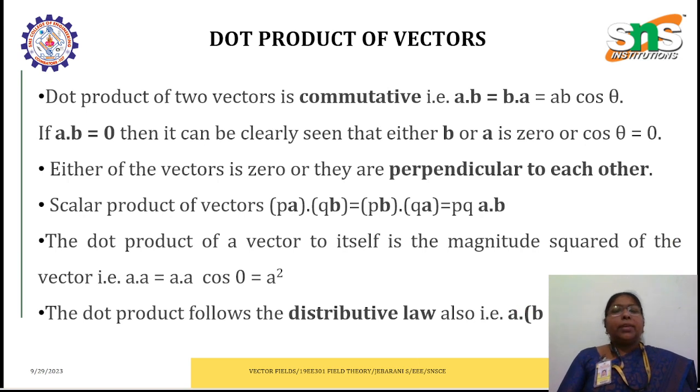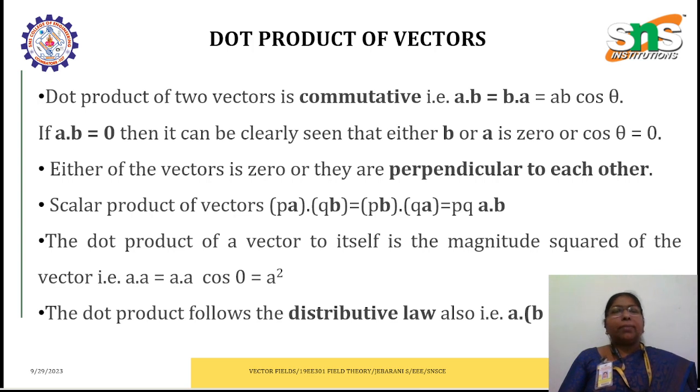Taking the properties of the dot product, the dot product obeys the commutative law. That is, A dot B is equal to B dot A. When you take the scalar product, it obeys both conditions.